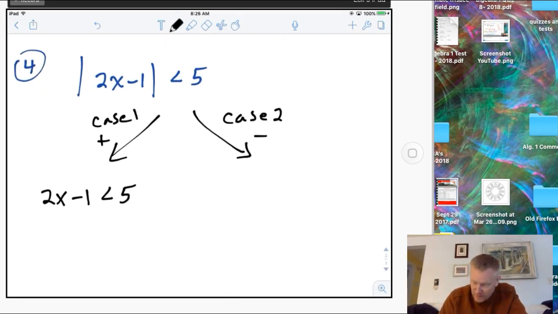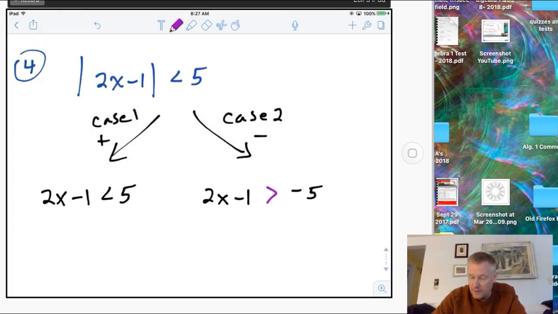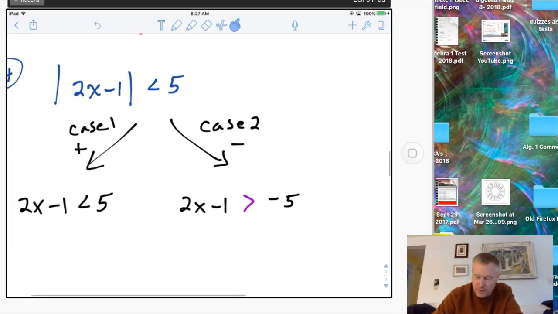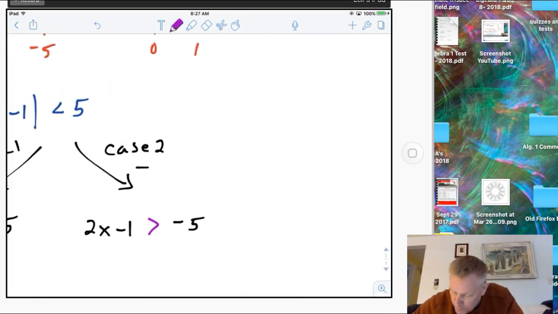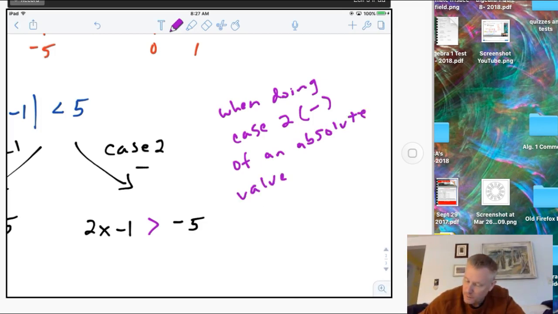The negative is going to be a little different than what you'd think. I'm putting the negative 5 over here. However, this time when I do the negative case, you got to flip the sign the other direction. This is kind of tricky. Let me write the directions here. When doing case 2, the negative of an absolute value inequality, it's only when you have the absolute value and the inequality.